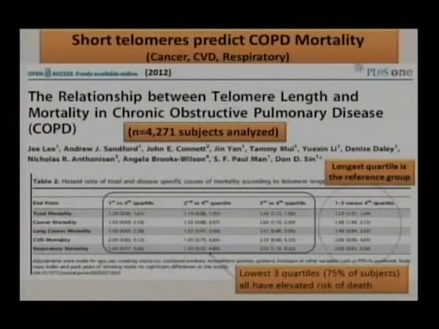Yes, this is all death. There were some disease measures, but compared to the fourth quartile, that's where you see the ones with the longest telomeres as the reference population. So a large number of subjects, actually, in all of these different populations are at an increased risk. 75% in this, of death from multiple different diseases.